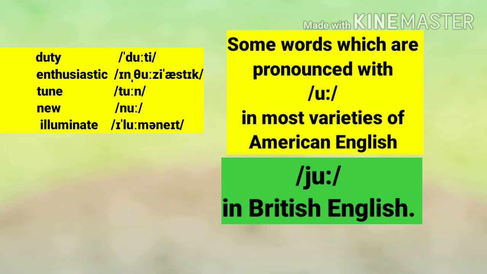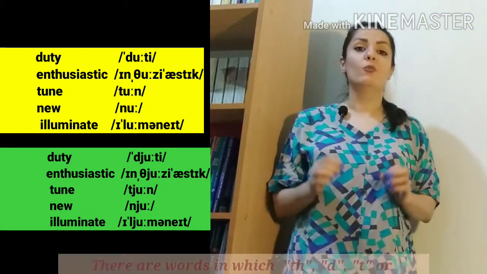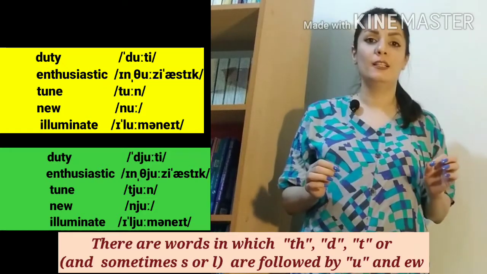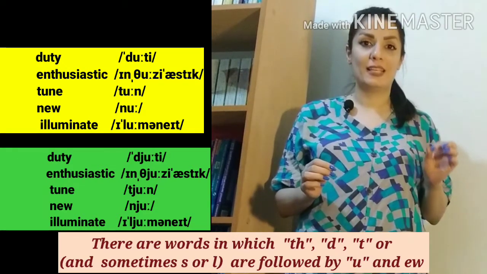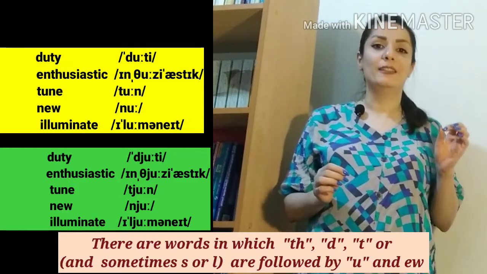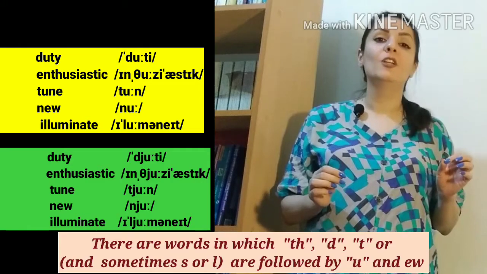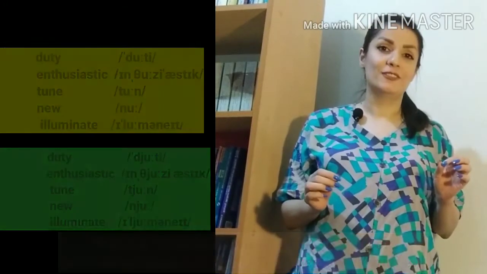In British English, they are pronounced duty, enthusiastic, tune, new, illuminate. These are words in which th, d, t, n, and sometimes s and l are followed by u.